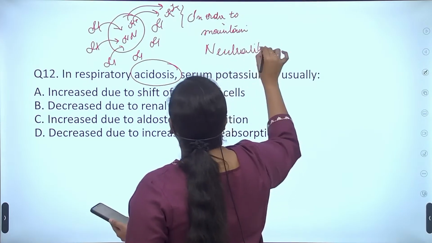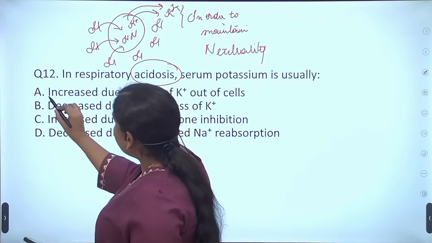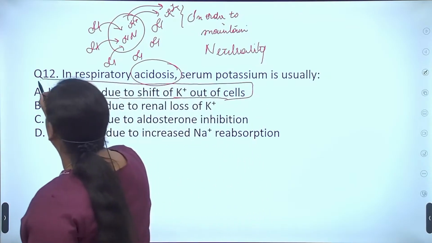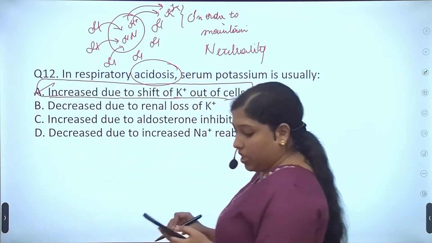So the potassium is coming outside, so obviously increased due to the shift of potassium out of the cell is the correct answer. Remember?